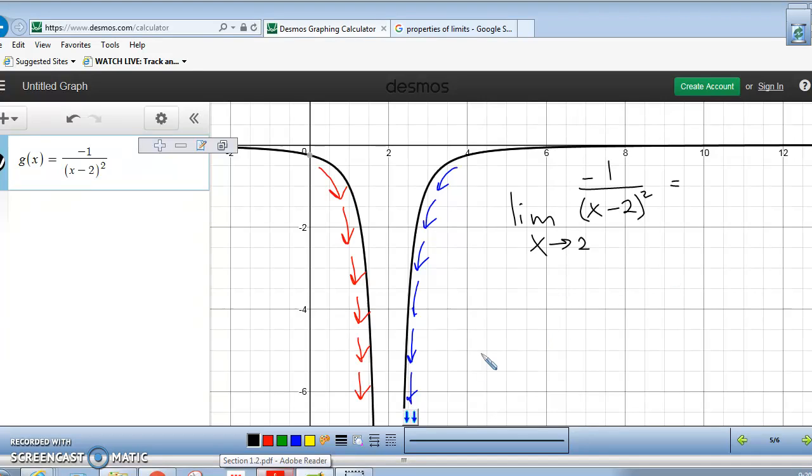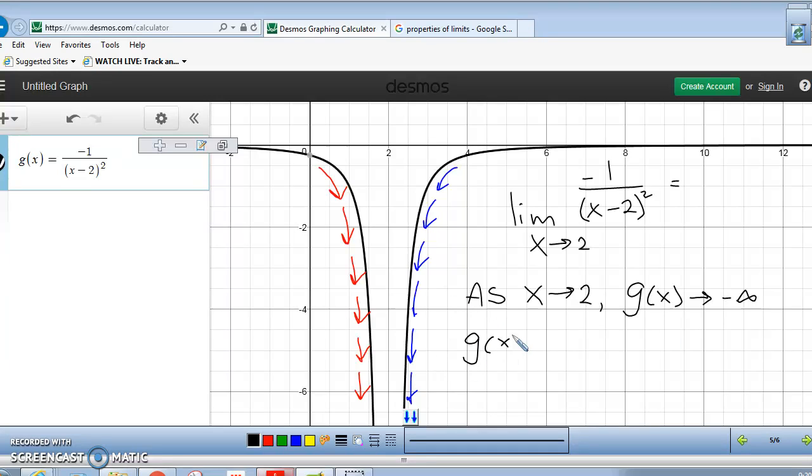So, just like the last one, very similar. As x approaches 2, g of x approaches negative infinity. Okay?